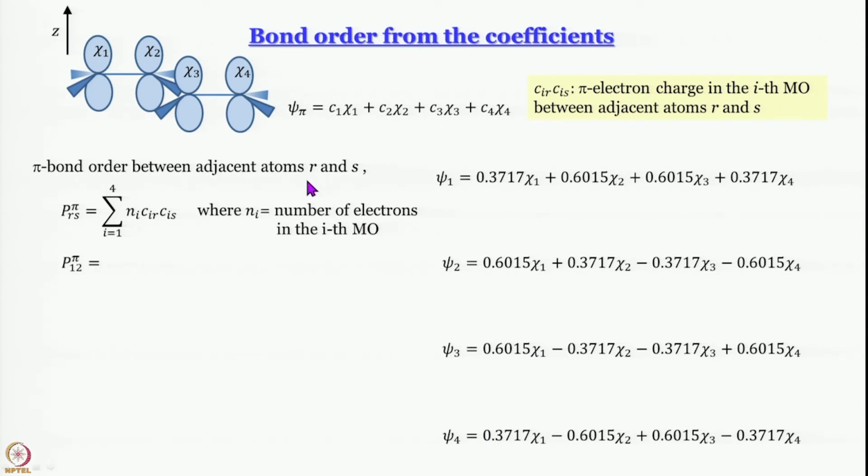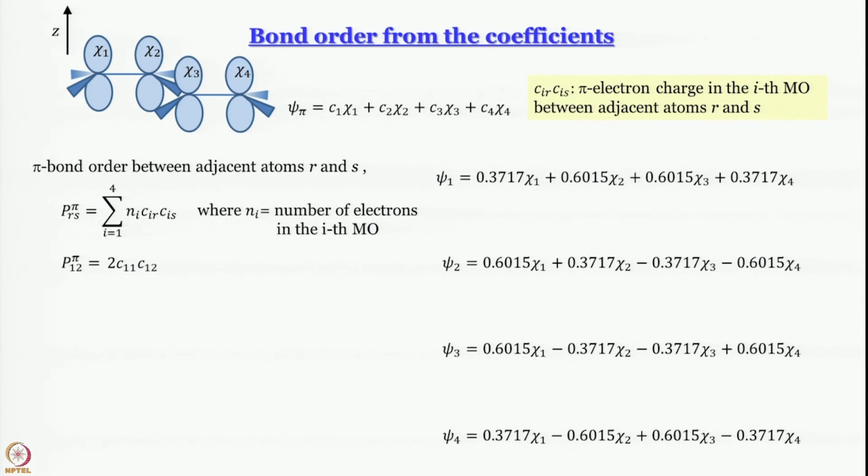Okay. So, if I want to find say P12 pi, what will it be? What is CiR in that case? What is the first CiR? C11. Then what is CiS? C12. So, that multiplied by 2, because we said that Psi1 has a population of 2 electrons. So, 2 into C11 into C12.